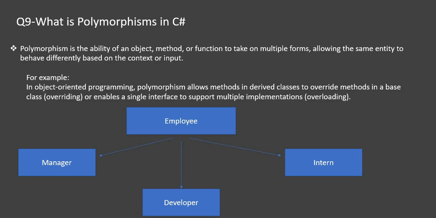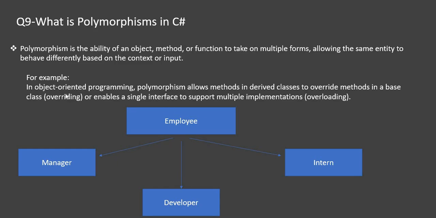For example, in object-oriented programming, polymorphism allows methods in derived classes to override methods in base classes. We say it overriding or runtime polymorphism. Or it enables a single interface to support multiple implementations. We say overloading, or compile time polymorphism.